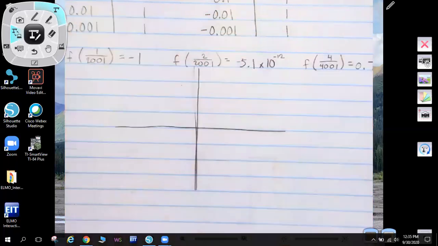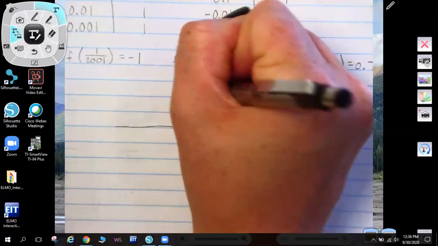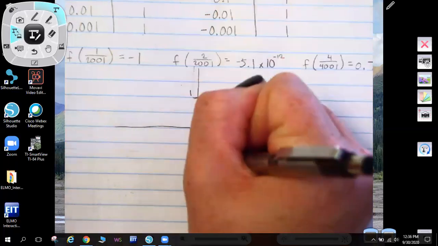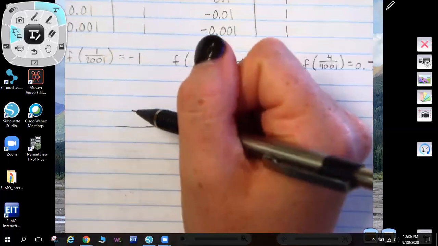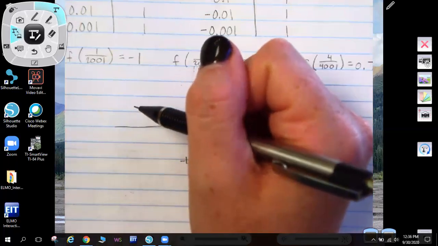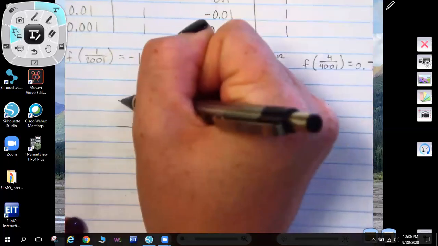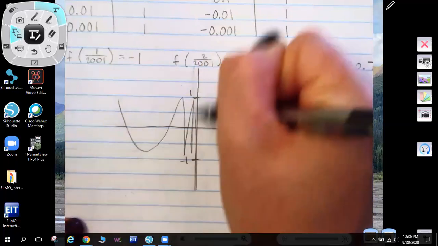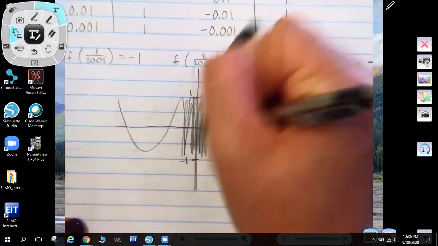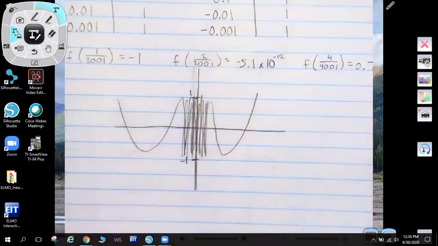Okay, here's what our graph is doing. This is 1. This is -1. So this is kind of what the graph looks like.